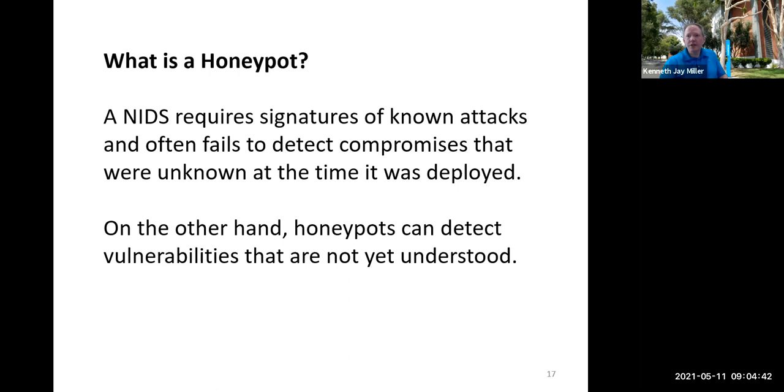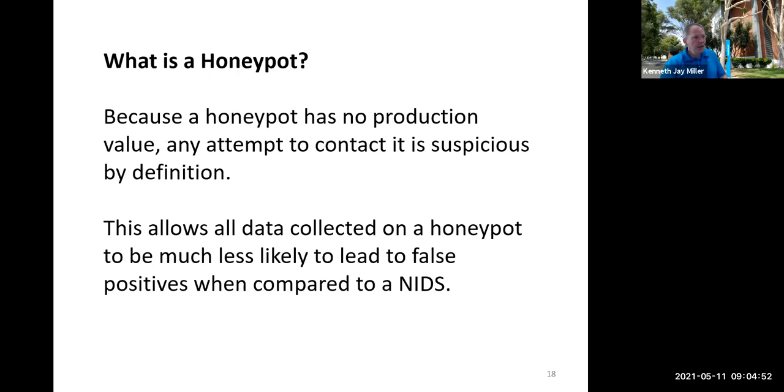So right away, if you're on there, no matter what it is, whether it's something we've seen before or something brand new, it's probably malicious. Because a honeypot has no production value, any attempt to contact it is suspicious by very definition.